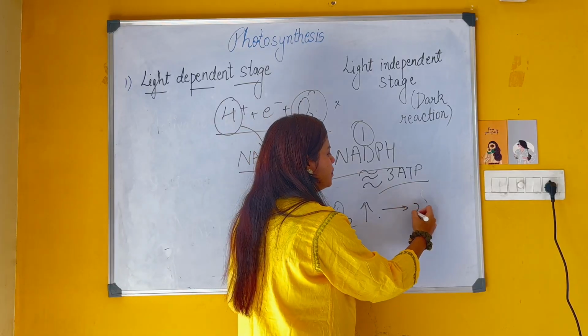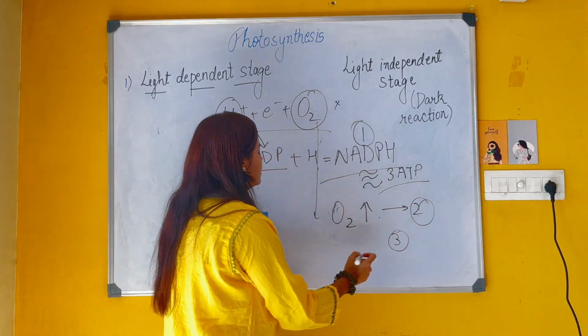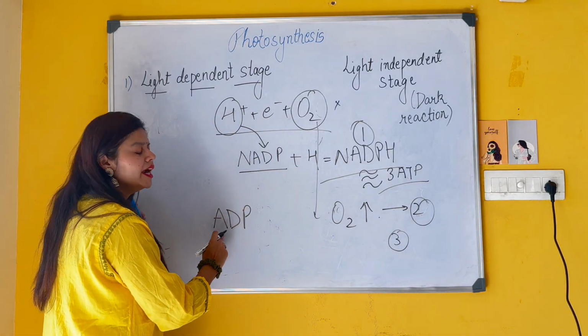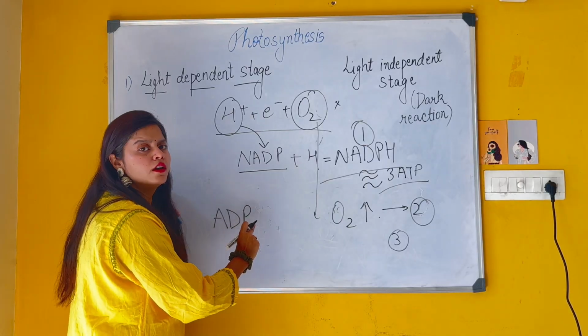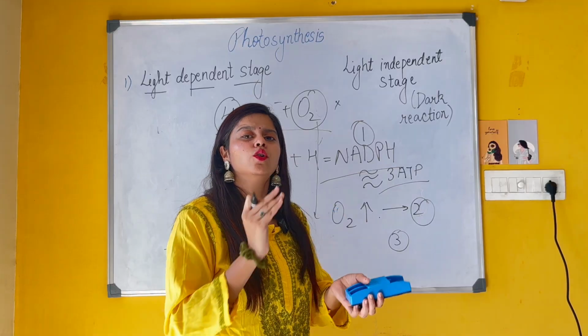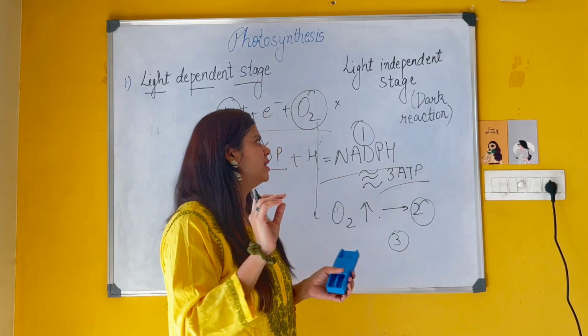So that is the second product. Now the third product. There is a compound called ADP, adenosine diphosphate, which is already present in the chloroplast of the plant. So a lower energy compound, ADP, is already present in the plant.